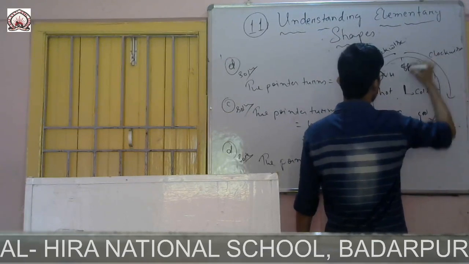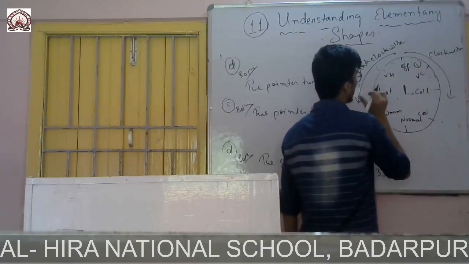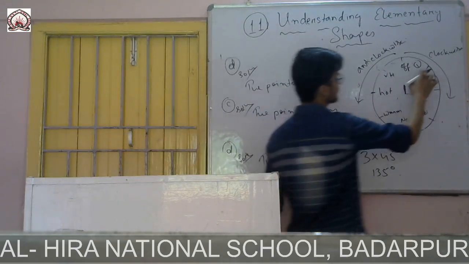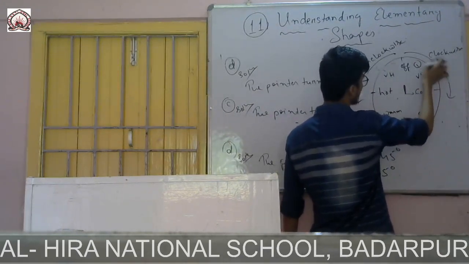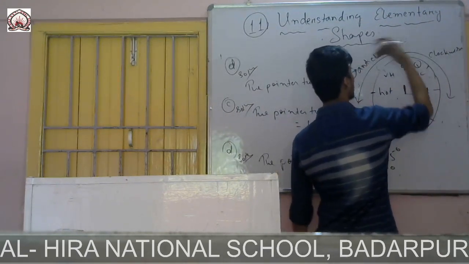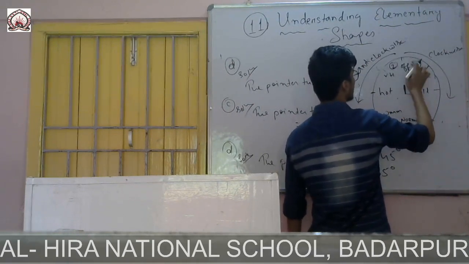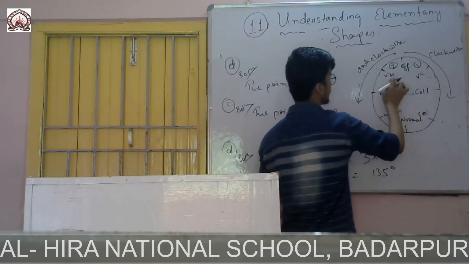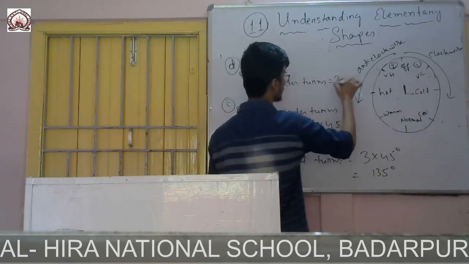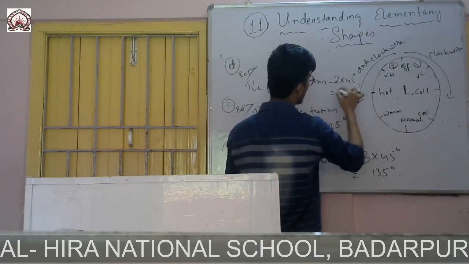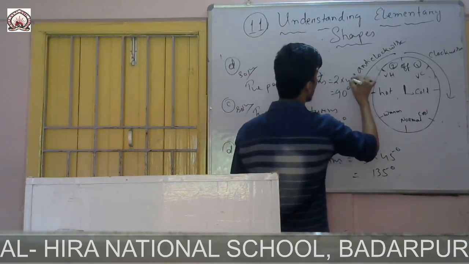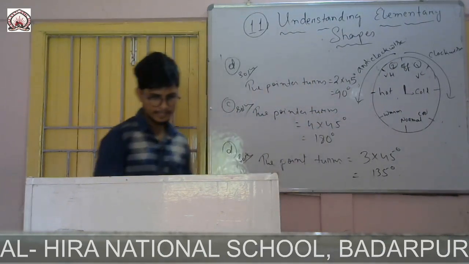Very cold to very hot. That means from here I will move in this direction. Anti-clockwise means in this direction. So 1 and 2. One angle, another one, 2 angles in between very hot and very cold. There are 2 angles. That means 2 into 45. It will be 90 degree.